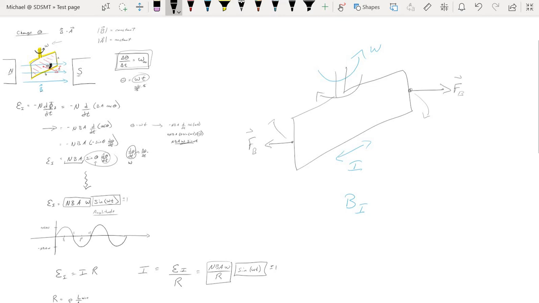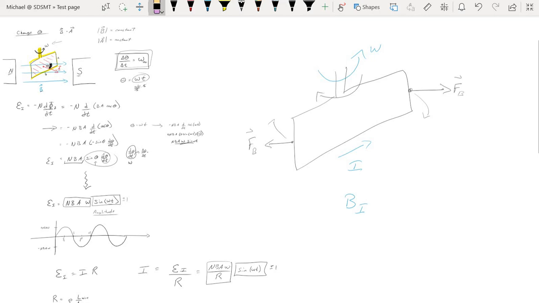of this loop to try and provide that counter rotation in the system. Okay, well, if that's the case, which way does the induced magnetic field need to point? And we can find that if we pick a direction for the induced current. Keep in mind that current's going to switch back and forth, but at one moment in time, that induced current has to have one direction associated with it.